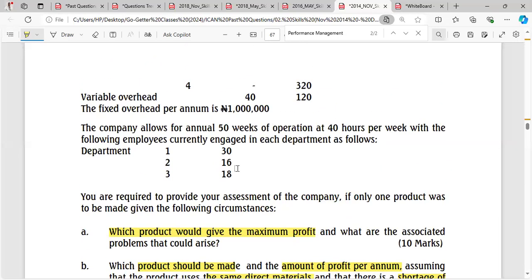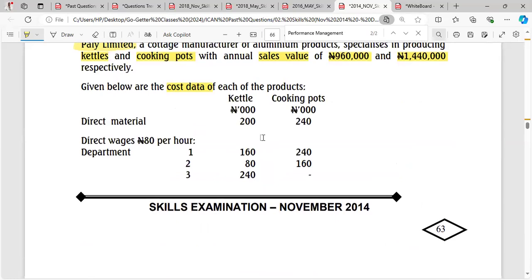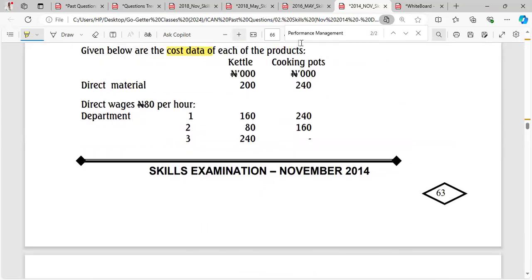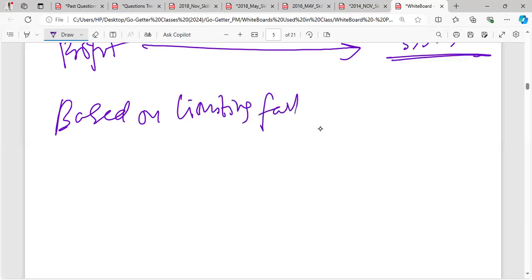So what do they have here? In Department 2, based on limiting factor, Department 2 labor.